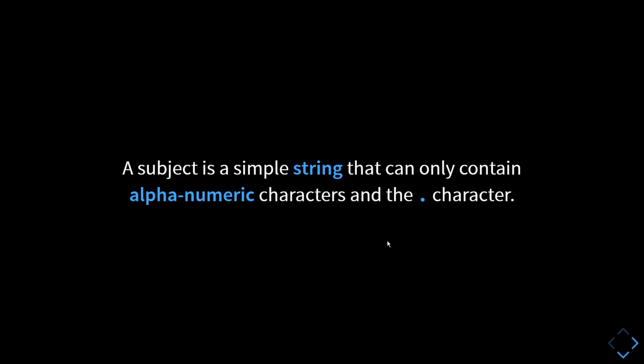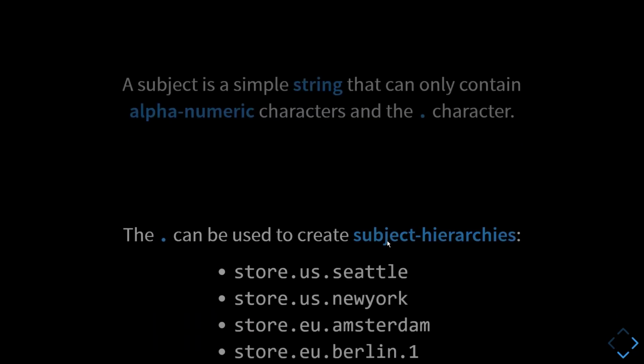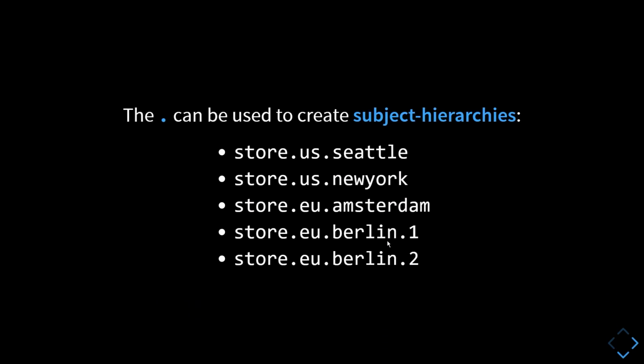Well, like I said, a subject is just a string. You can only use alphanumeric characters and the dot character. And the dot character is a bit special because what you can do with it is build kind of subject hierarchies. The first time that I read about it, it said subject-based message routing. And I thought, well, it's not really routing, right? I send it to a subject and then you can connect to it. That's it.